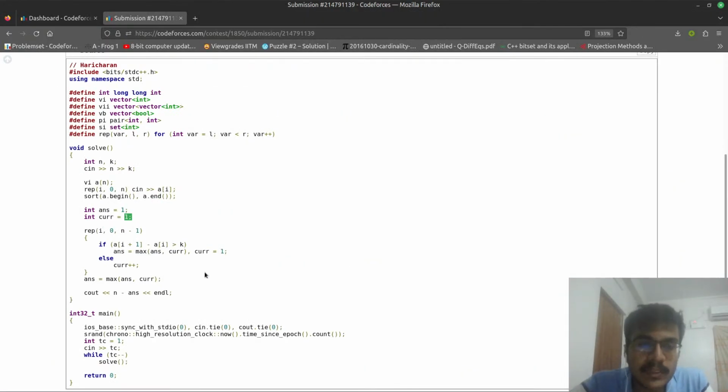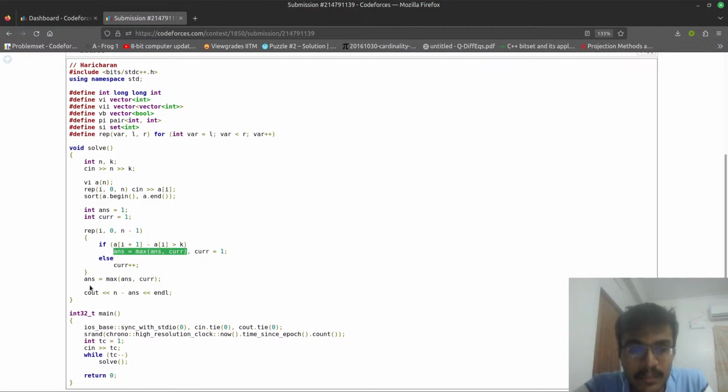Now if a[i+1] minus a[i] is bigger than k, that means we have to break the previous subarray and make a new one, so I'm setting current equals 1. Otherwise I'm just incrementing current. And I'm setting answer equals the maximum of answer and current, because answer is my final answer which I want.